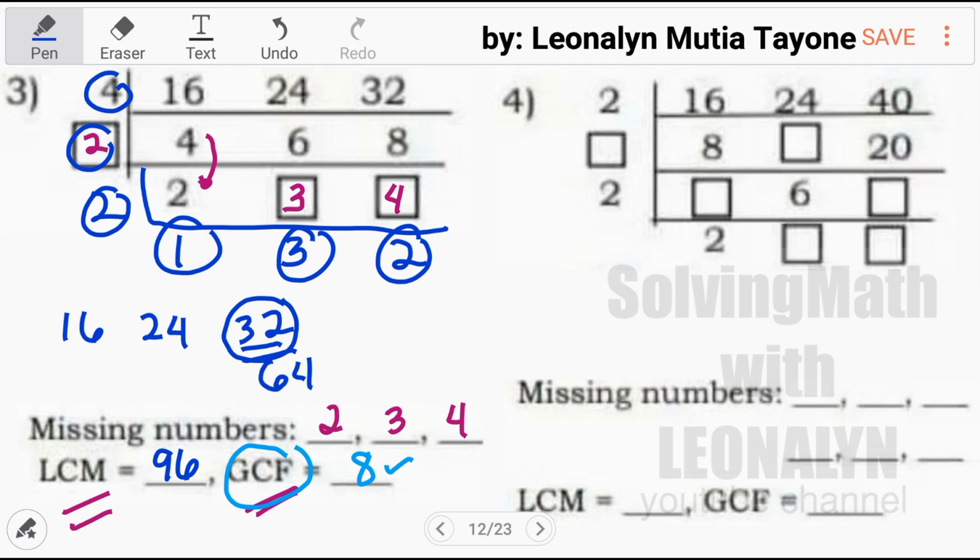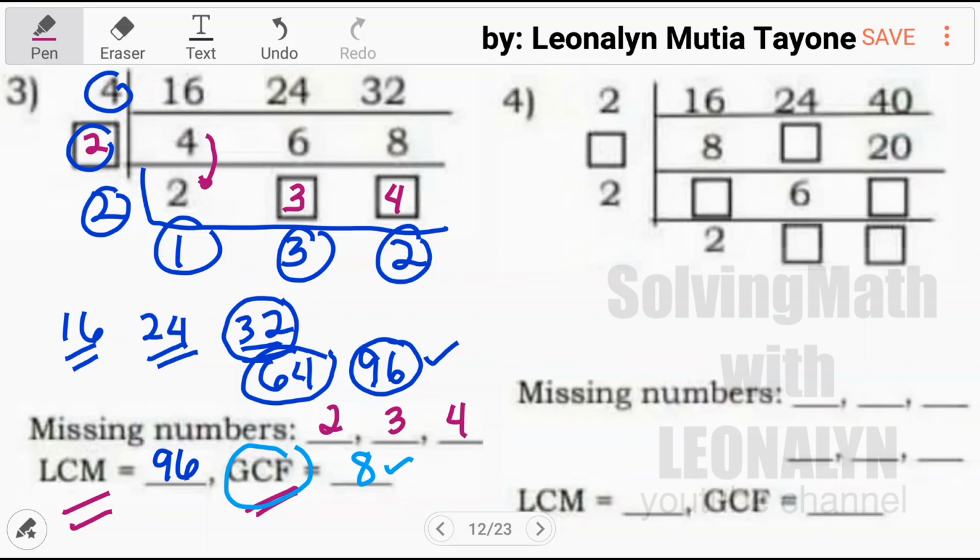Si 64, ma-divide ba ni 24? Ma-divide nga ba? Hindi pa rin. So next sa 64, 64 plus 32 and that is 96. Si 96, ngayon, ma-divide na ni 24 at ma-divide ni 16. So, therefore, ang tamang sagot dito ay 96.